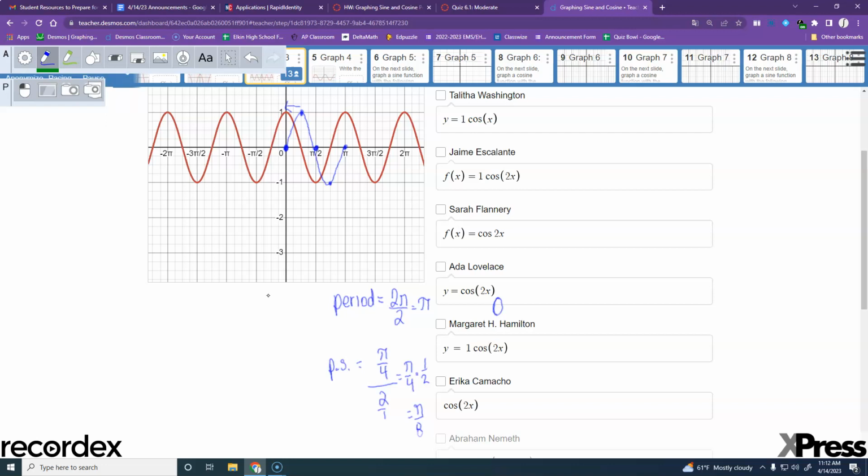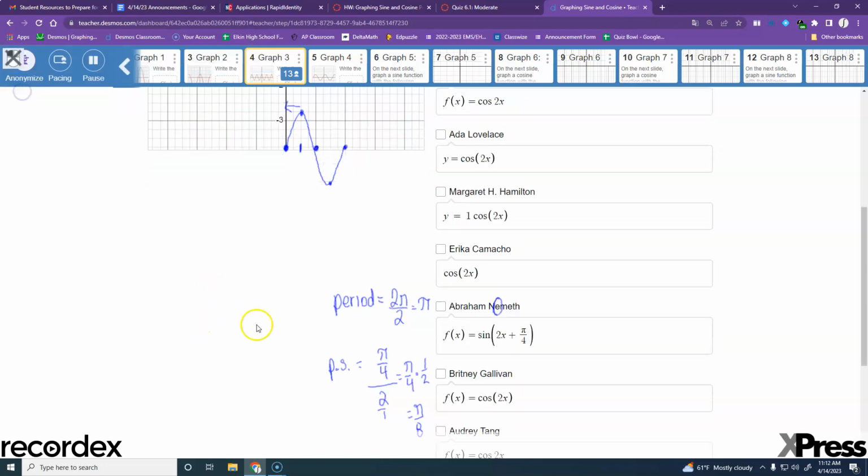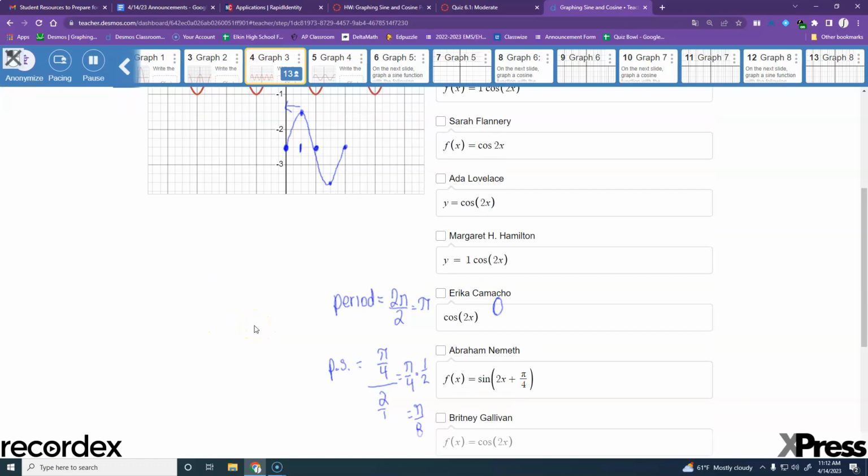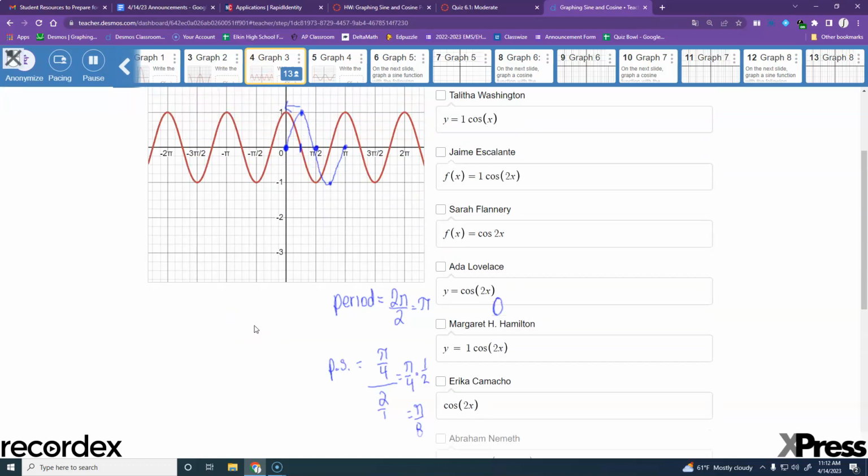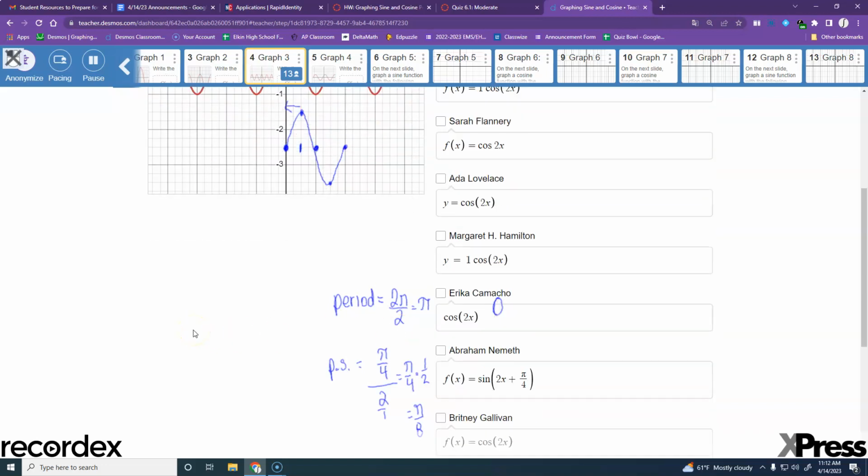This is pi divided by 2, like half of pi. So this right here would be half of that, a quarter of pi. So we need to move it to the left pi over 4, which is probably what Abraham thought he was doing by putting that plus pi over 4. But because you have to divide by that 2, it actually would need to be pi over 2 there instead, which we're going to look at a little bit more in a minute. So it's close, but not quite for that one.